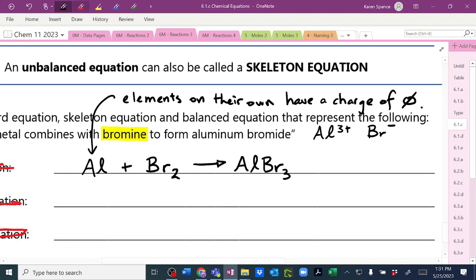And I'm going to give you tip number 1. If you have a 2 and a 3, like right now, let's just write out a little chart down below. We have right now 1 aluminum, and we have 2 bromines on the left, and we have 3 bromines on the right.